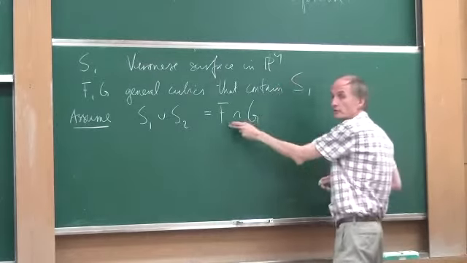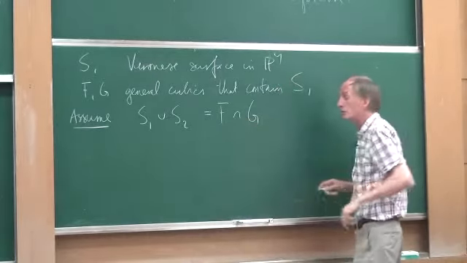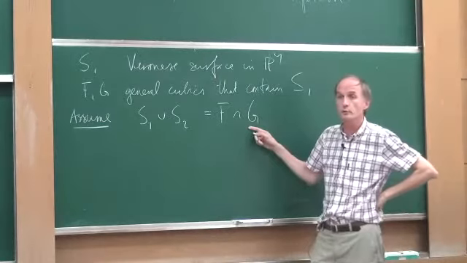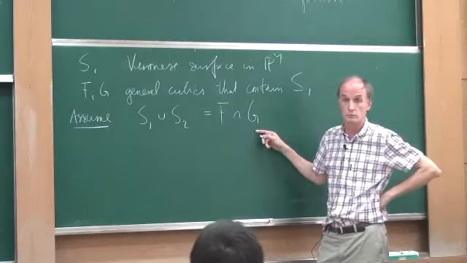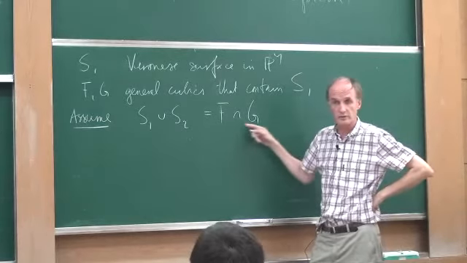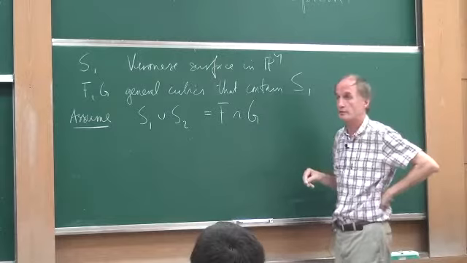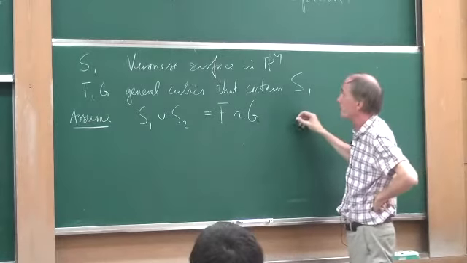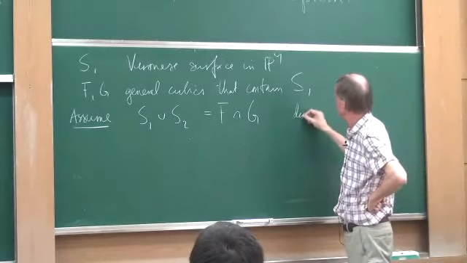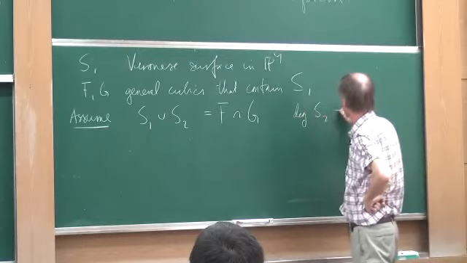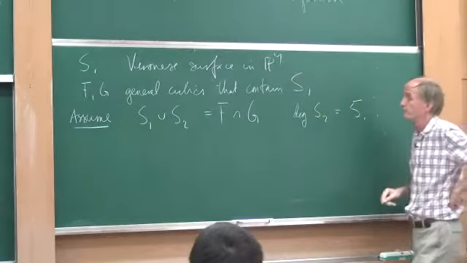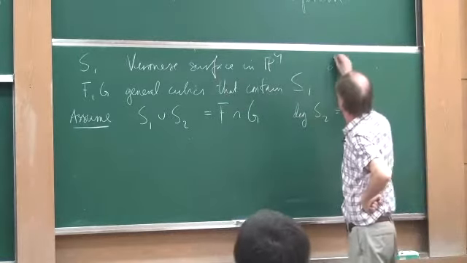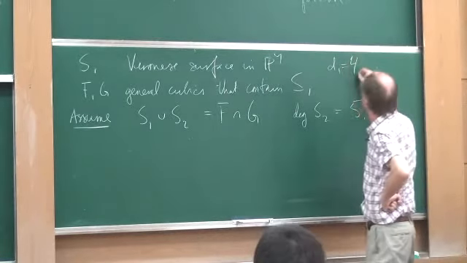These two are cubics. So the complete intersection of those two is a surface of degree 9. Right? So the degree of S2 is 5. Because this was D1 is equal to 4.